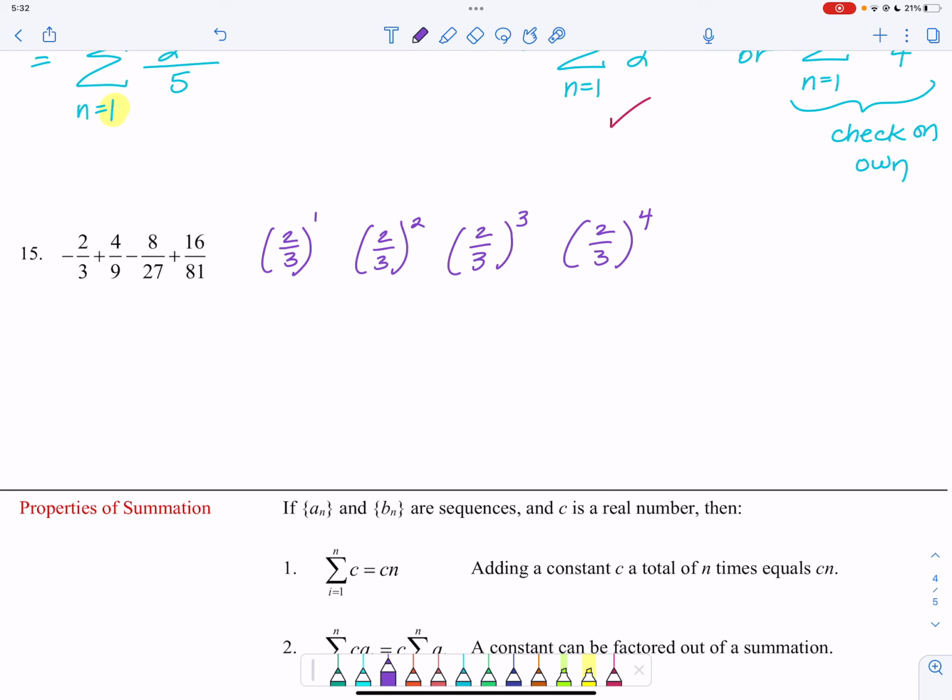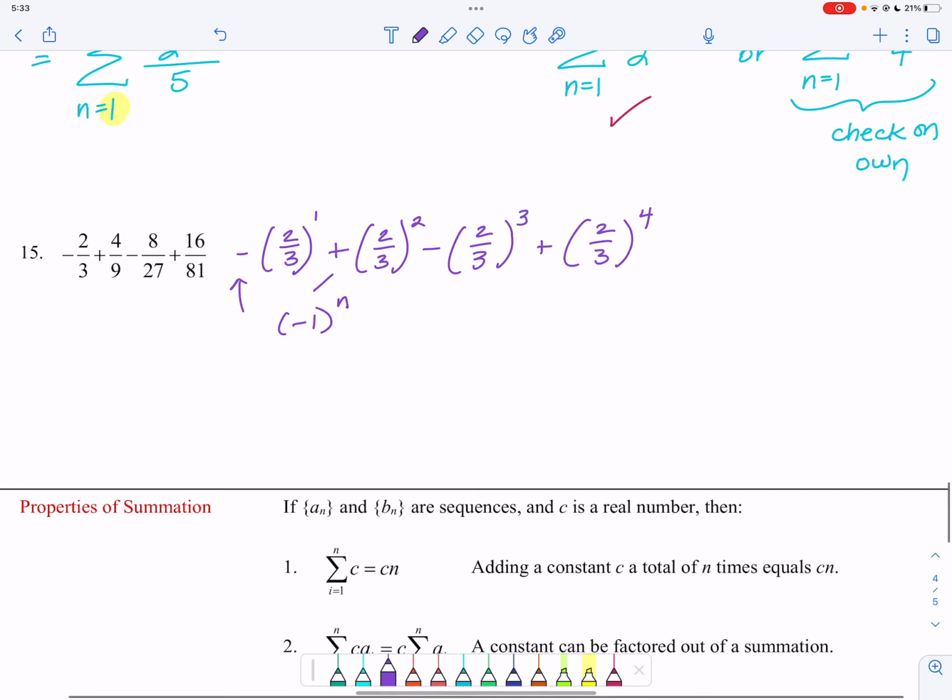Now, we are changing sign: negative, positive, negative, positive. So here, we're going to have a negative 1 raised to the nth power in order to have that alternate.